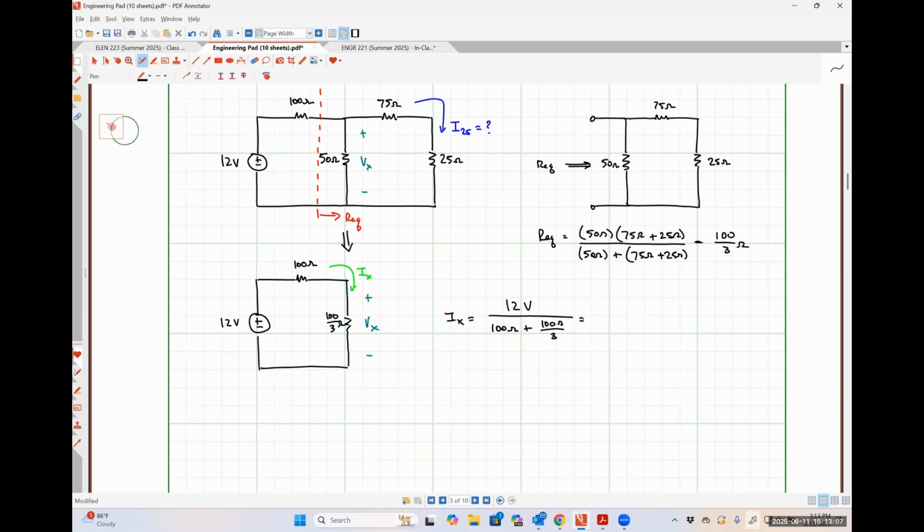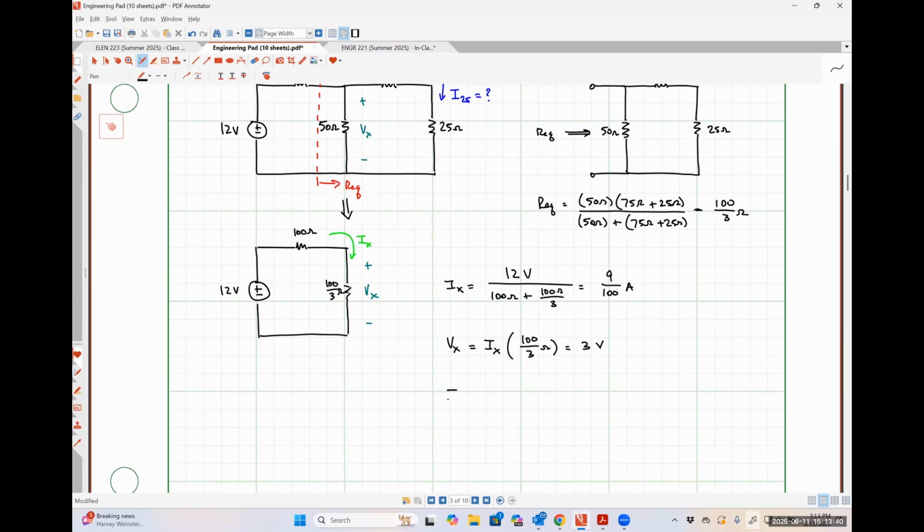Let me get that in my calculator real quick. So that comes out to be 9 over 100 amps. Using Ohm's law, Vx is then Ix times 100 over 3 ohms, which comes out to be 3 volts.